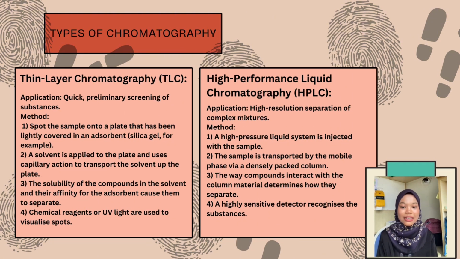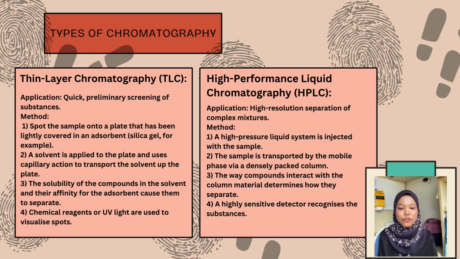Thirdly, we have thin layer chromatography or TLC. This applies for quick preliminary screening of substances, and the method is, first, spot the sample onto a plate that has been lightly covered in an adsorbent, silica gel for example.